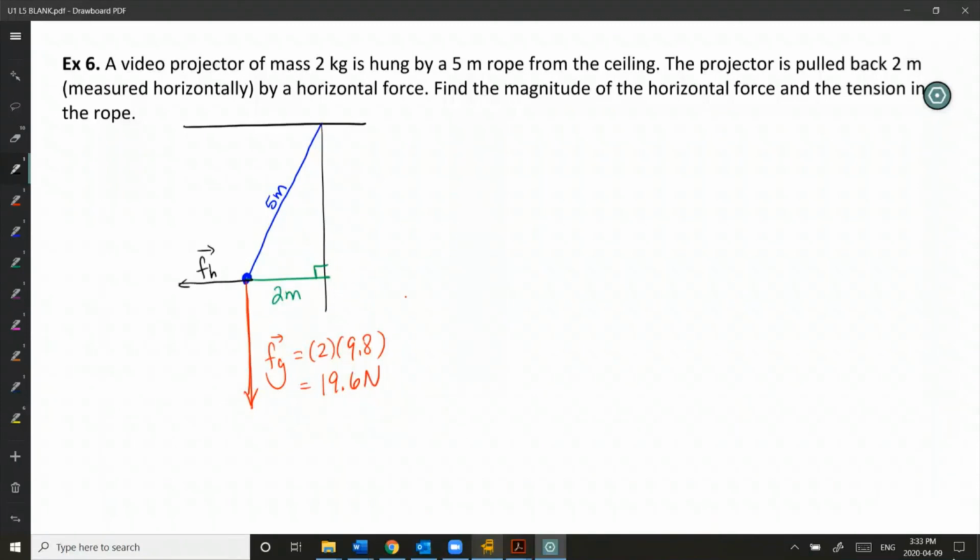And if we take a look at the sum of the horizontal force and the tension in the rope, that should actually counteract the force of gravity. So if we were to add these up, here's our vector diagram. We have a tension. We have a horizontal force.